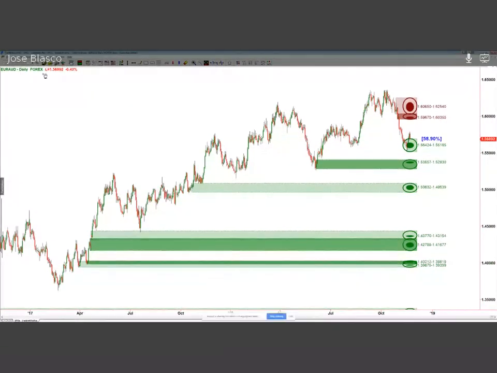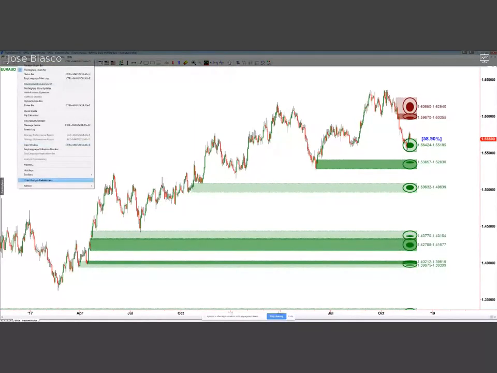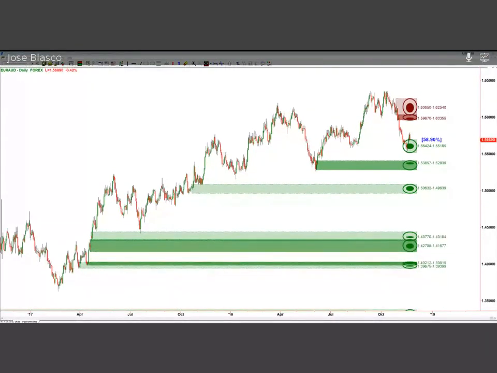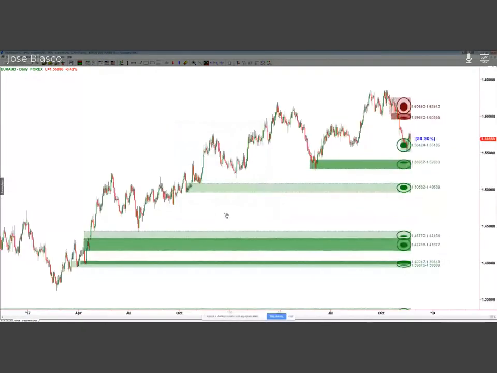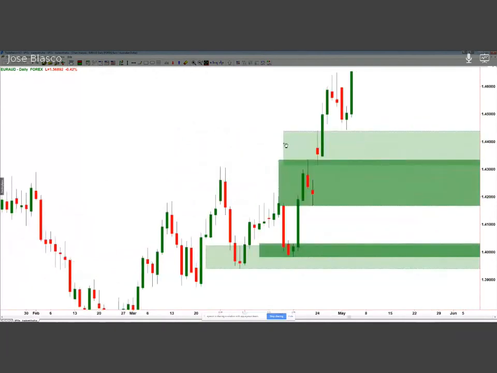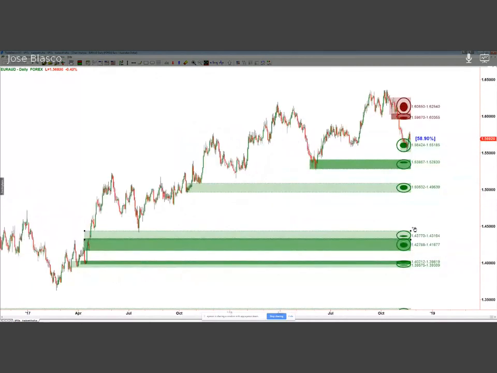So take a look. If I go to View, Chart Analysis Preferences, you look at symbol, you see those two options on the top need to be unchecked. By default, it's checked. If it's checked, you may notice that the beginning part of those rectangles, sometimes even the ending part, is not properly aligned.